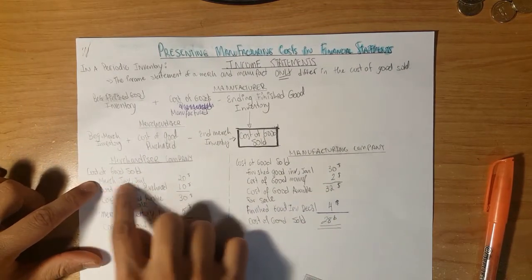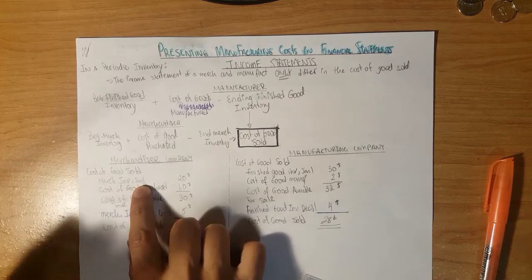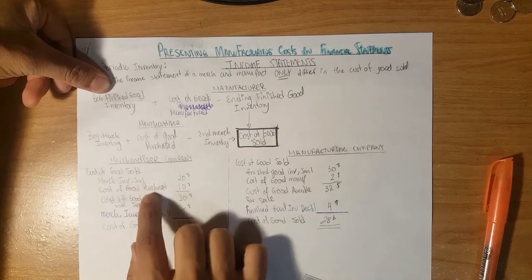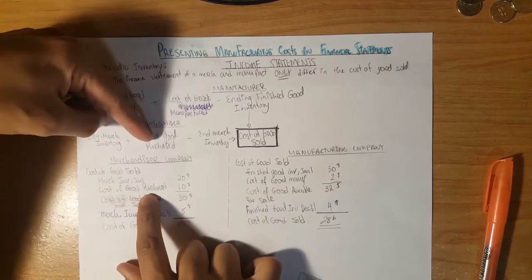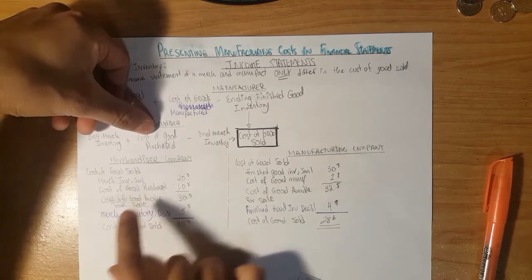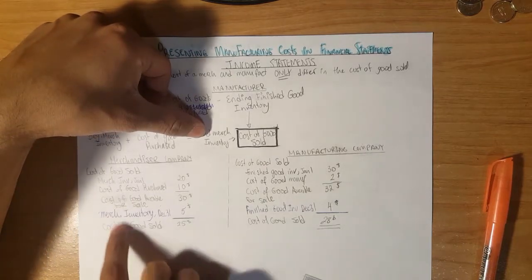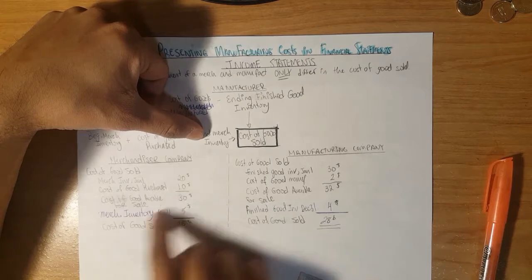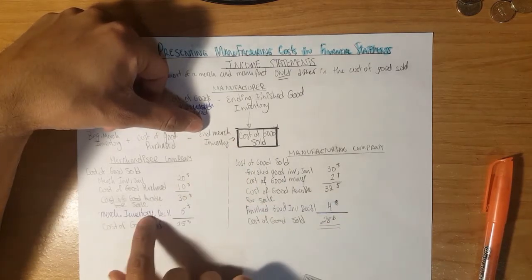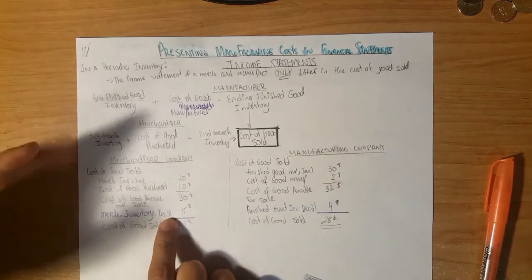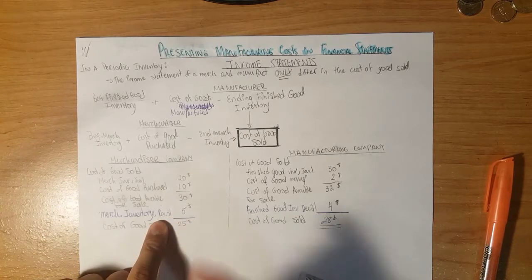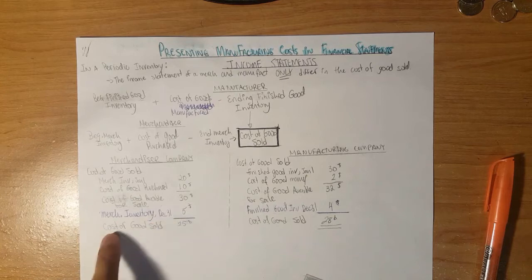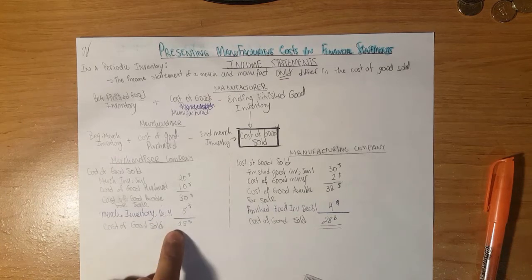The merchandise inventory in the beginning on January 1st, plus the cost of goods purchased, which will give you the cost of goods available for sale, minus your ending inventory on December 31st. I should even mention January 31st, at the end of the month, or at the end when you actually sell it, which will give you the cost of goods sold.